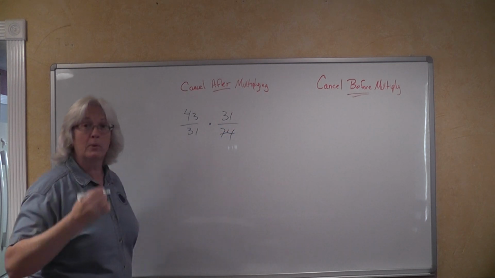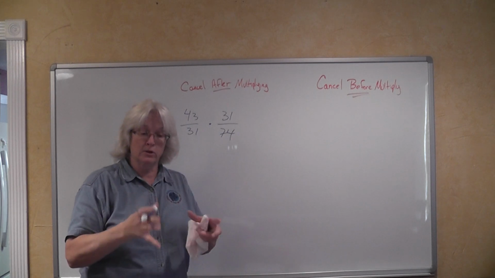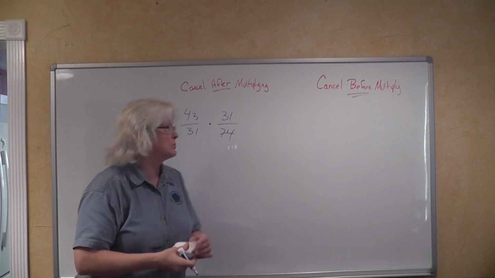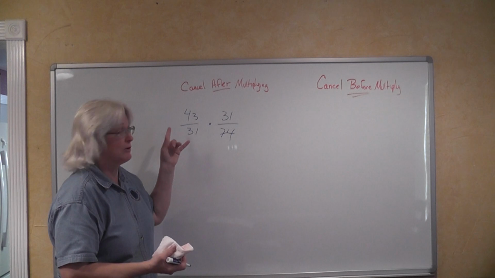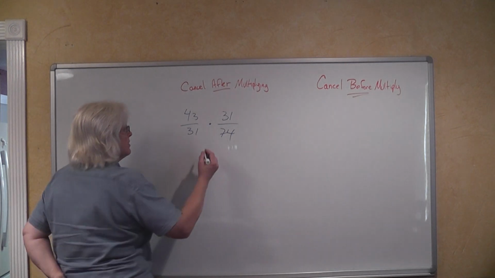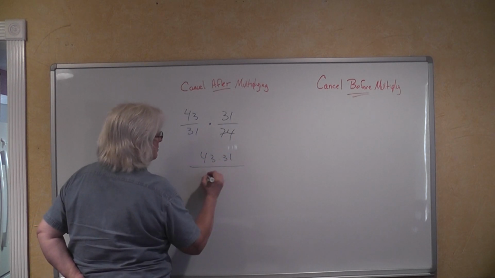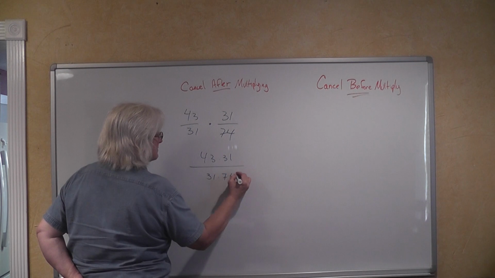Now we follow the true procedure in arithmetic: if we're going to multiply fractions, we multiply the numerators together and the denominators together.